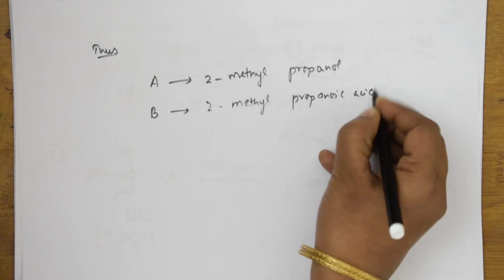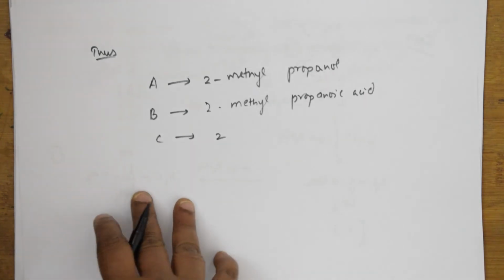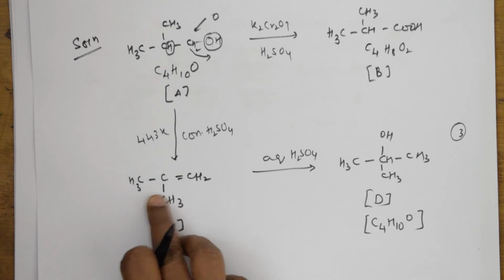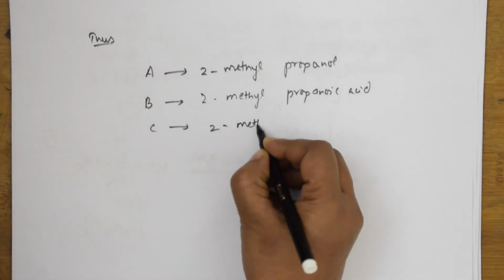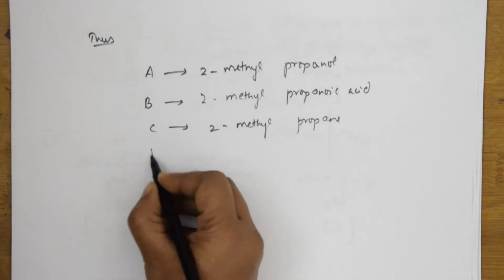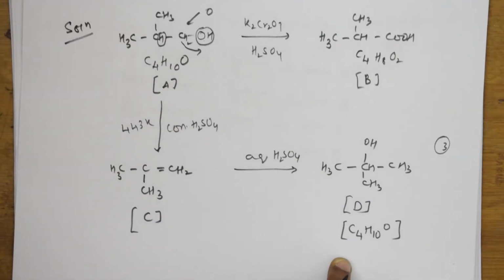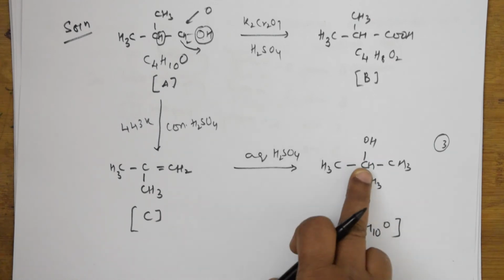Then compound C is 2-methyl propene. And what is compound D? Compound D is nothing but 2-methyl prop-2-ol.